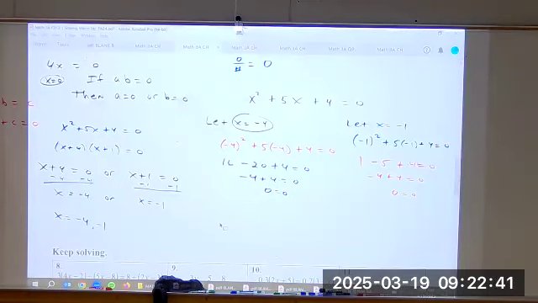Ax to the third plus bx squared plus cx plus d equals 0, x to the third, 3 answers. X to the fourth would have a possible 4 answers. X to the fifth, x to the 27, a possible 27 different answers.